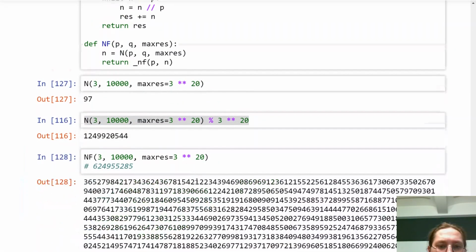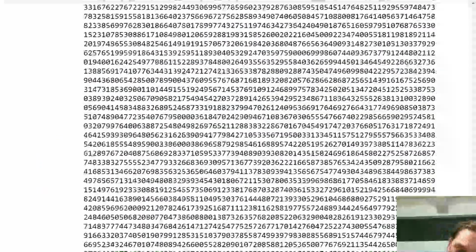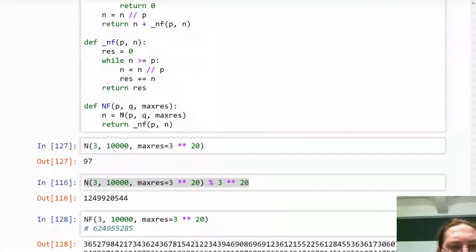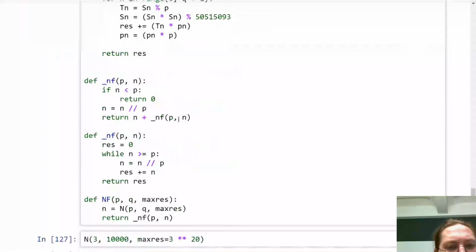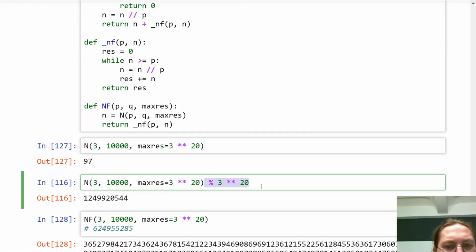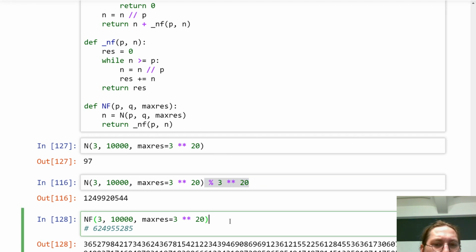Okay, so this is without doing the mod, so we're saying that doing the mod produces our number.